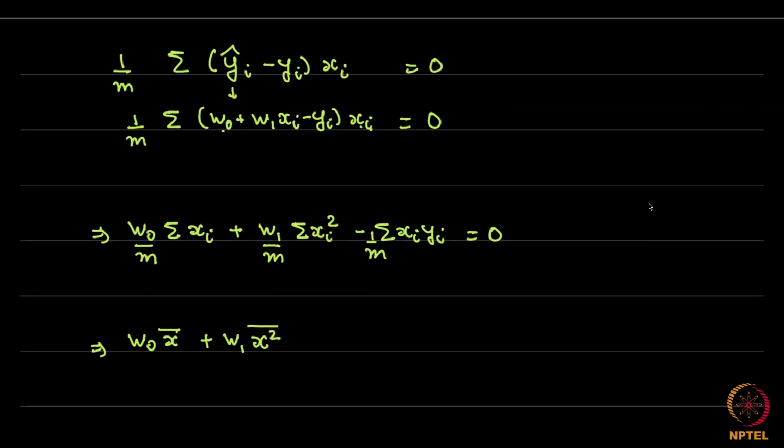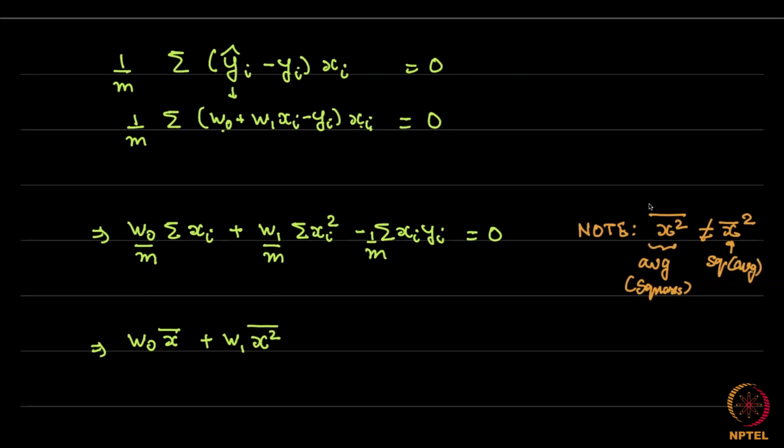Now it is important to note something here. This is a mistake that students often make, or people often make. X square bar is not the same as x bar square. What is the difference? This is the average of the squares, and this is the square of the average.